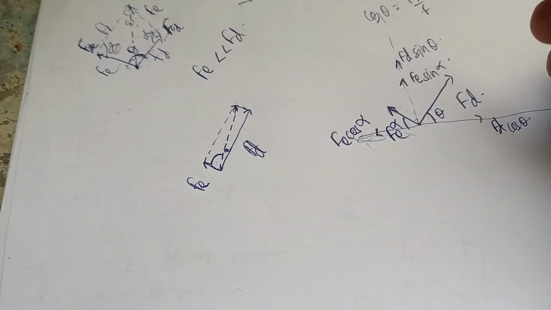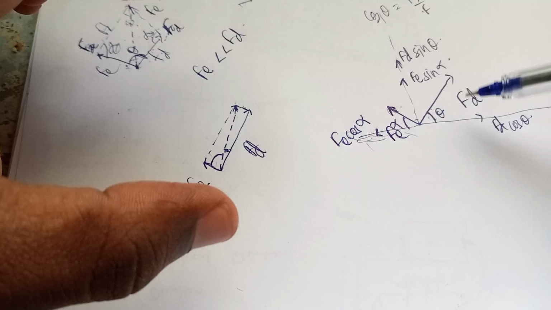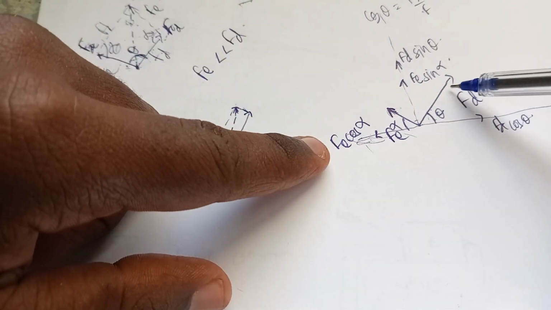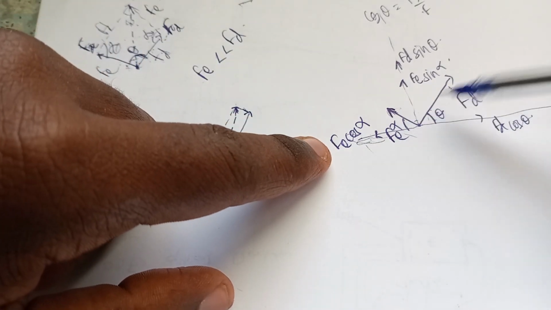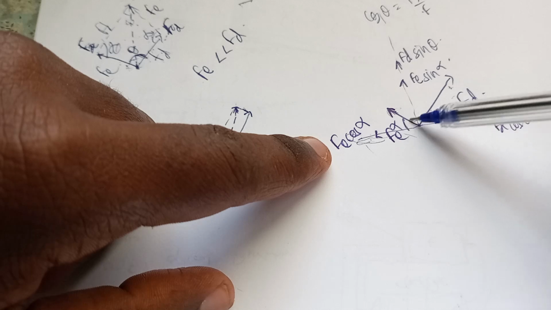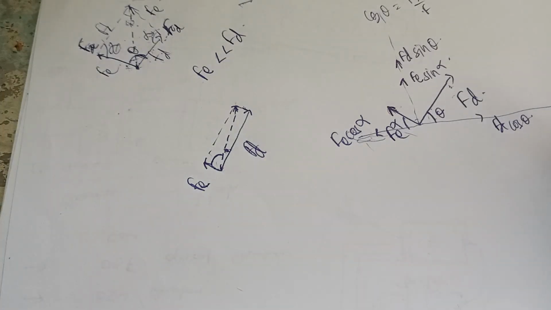Now I can assume this Fd is bigger. We know this Fd, according to this geometry, is a longer line than this one, like I said in the previous video.